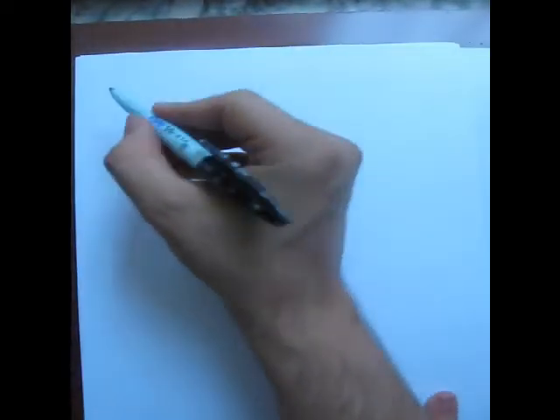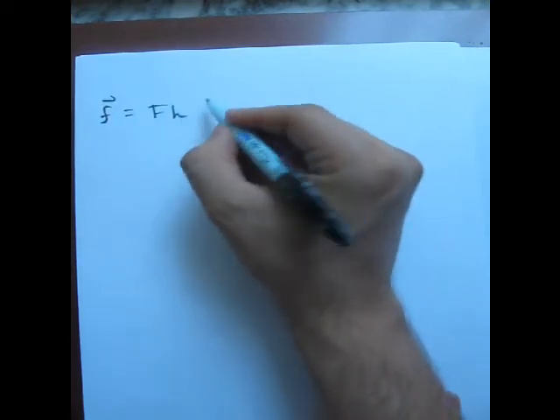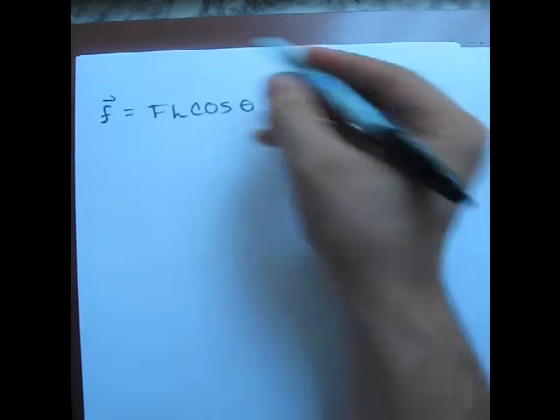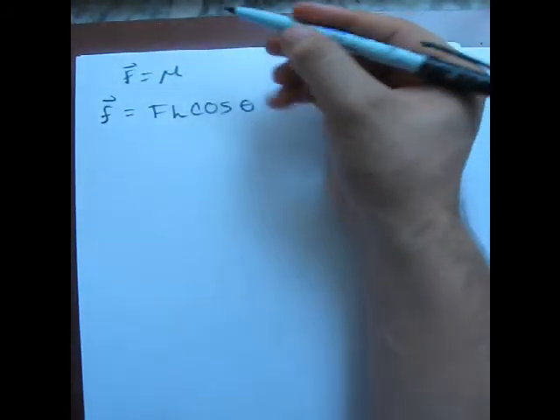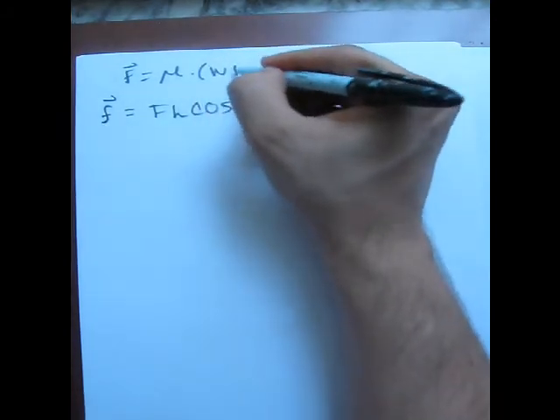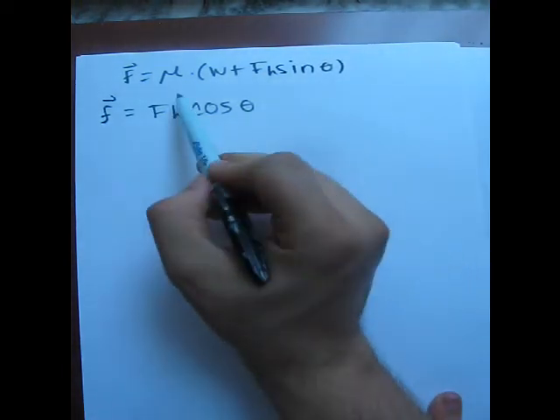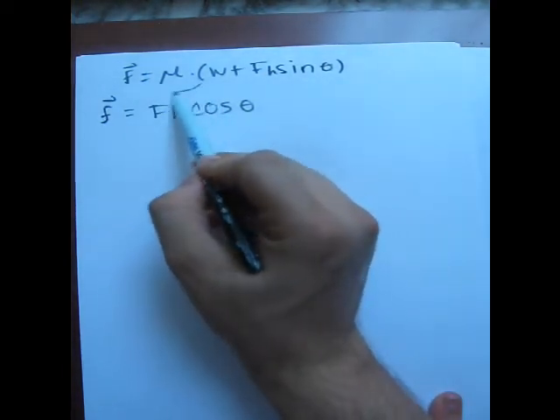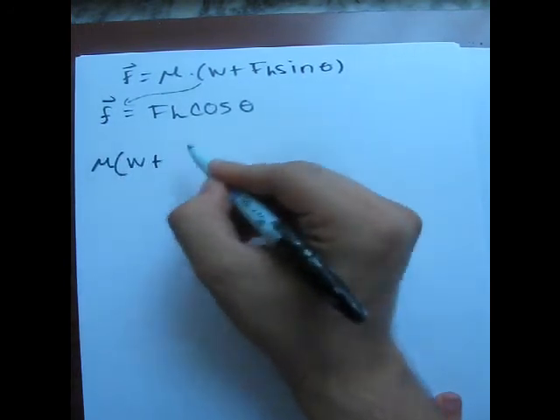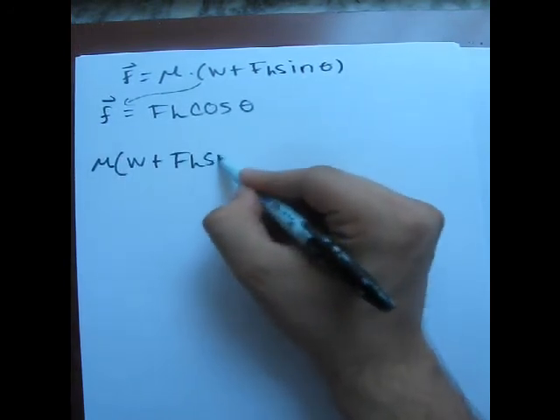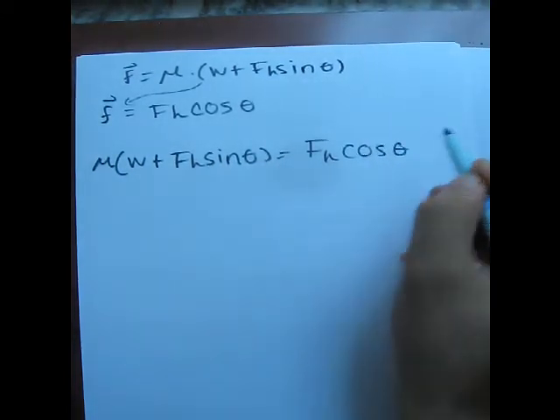So now I have F equals F of H cosine of theta, but I just figured out that F was mu times W plus F of H sine of theta. So I'm going to plug this in right there: mu times W plus F of H sine of theta equals F of H cosine of theta.